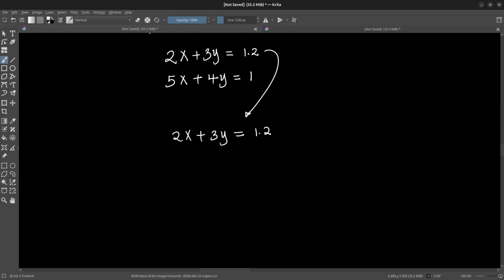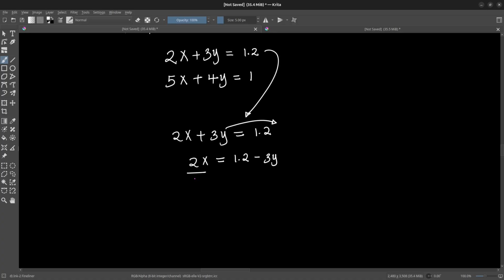So the first thing, we are going to take this 3y to this side. So on the left side, we are left with 2x is equal to 1.2, and then when the 3y goes to that side, it becomes negative. So 1.2 minus 3y.